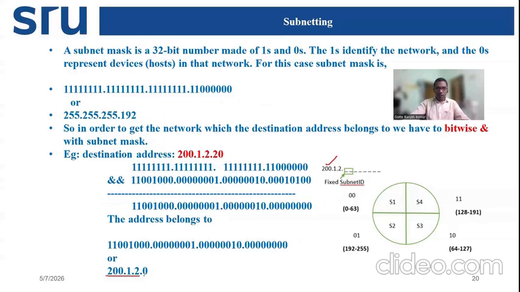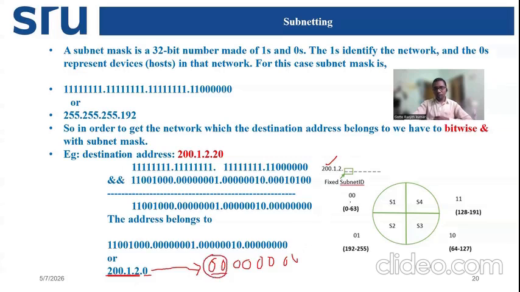Now coming to the last byte, this last byte is 0. Convert that 0 into binary: all 8 zeros. So the first 3 bytes, 24 bits, are the network address, and the next 2 bits from the host ID are also used for the network address, representing the subnetwork.